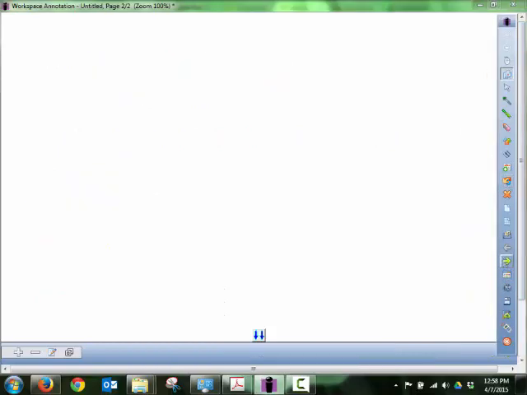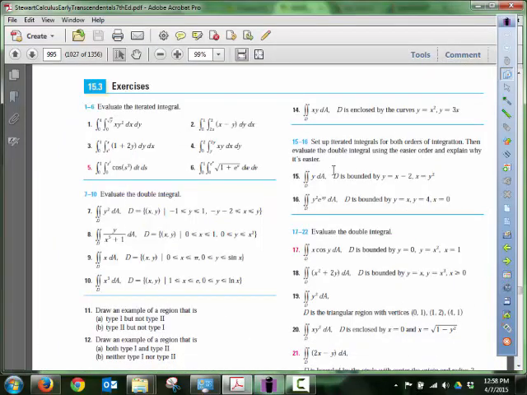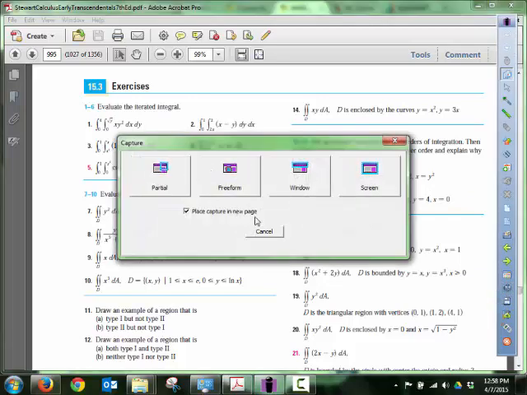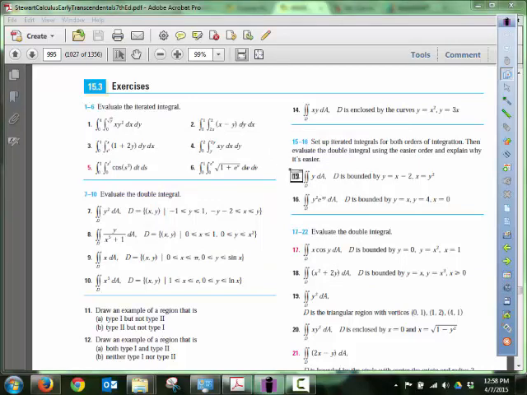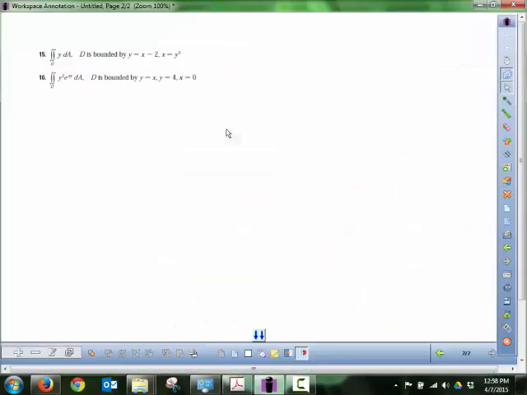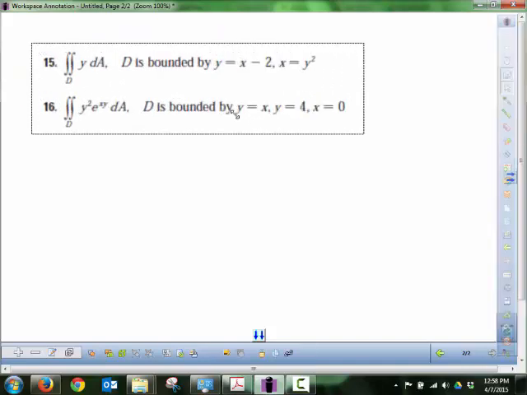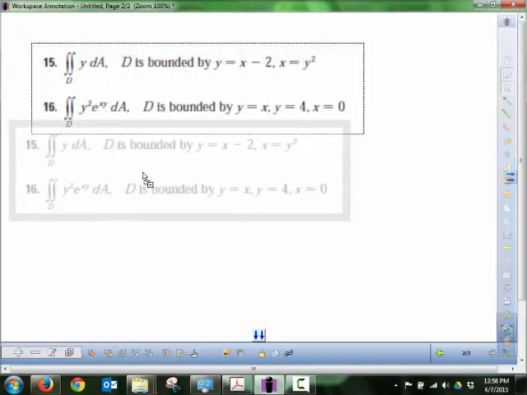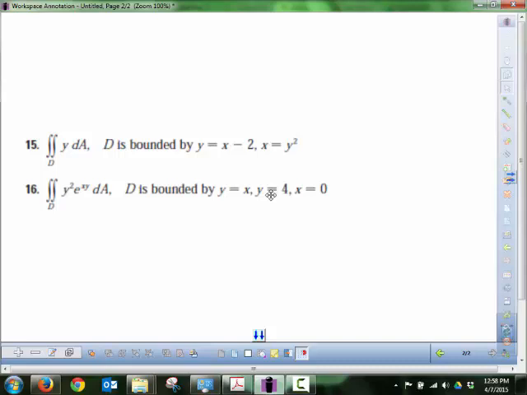Okay, more examples. Let's do number 15, 16. Let's do both.